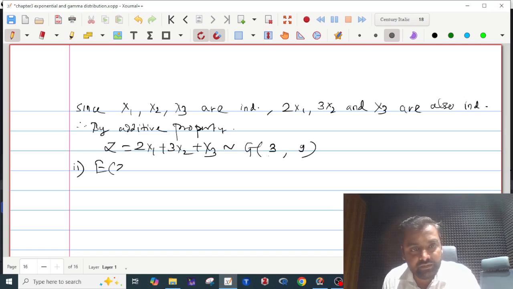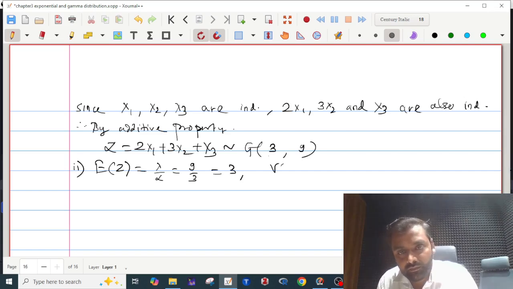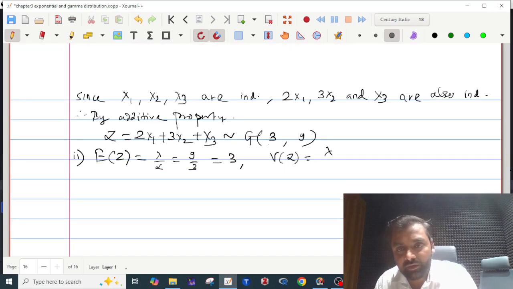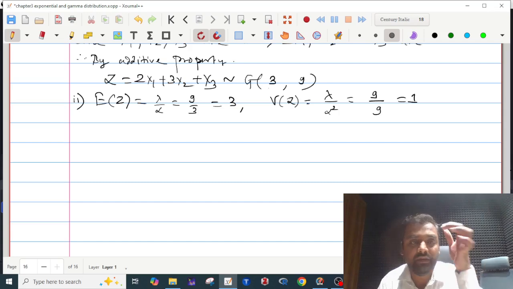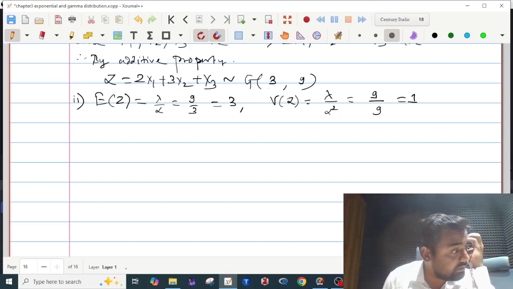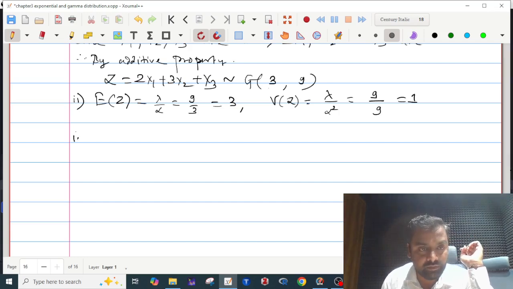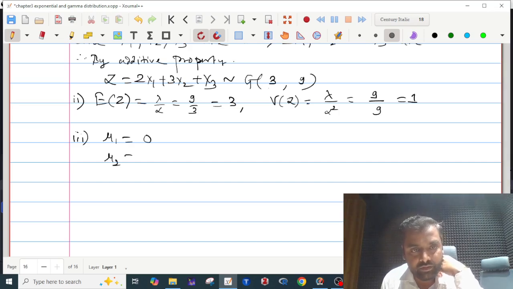Second, expectation of z is lambda upon alpha, 9 by 3. Variance of z is lambda upon alpha square, alpha square is 9, so 9 upon 9. That's it. This way we can find the mean and variance. Then the values of central moments: mu1 is always 0, mu2 is the variance, lambda upon alpha square, which we have just computed.